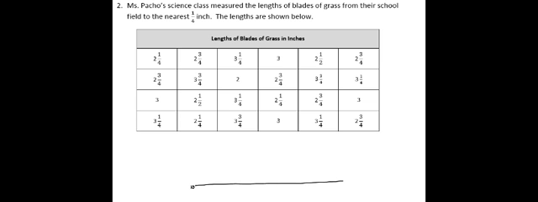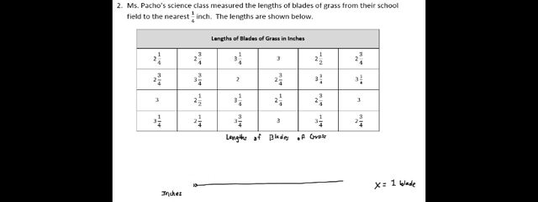We will title this Lengths of Blades of Grass. I'm going to show that each X that I write is the same as one blade, and I'm going to mark that my points are all represented in inches.